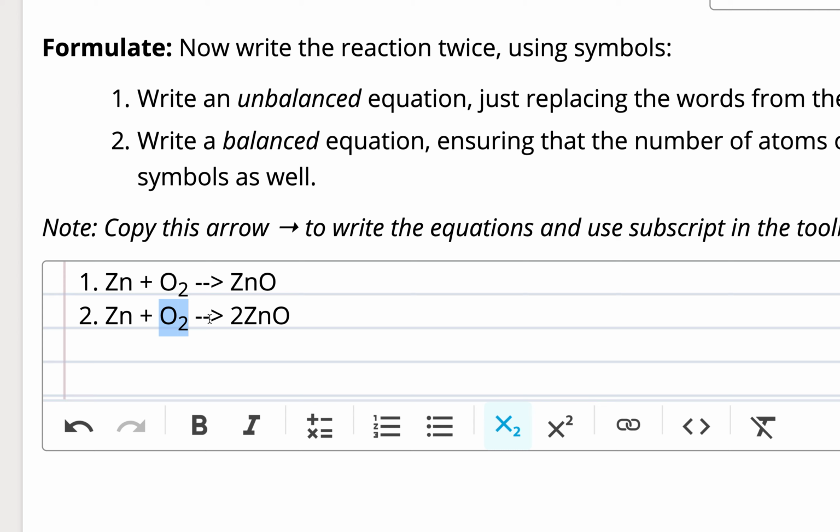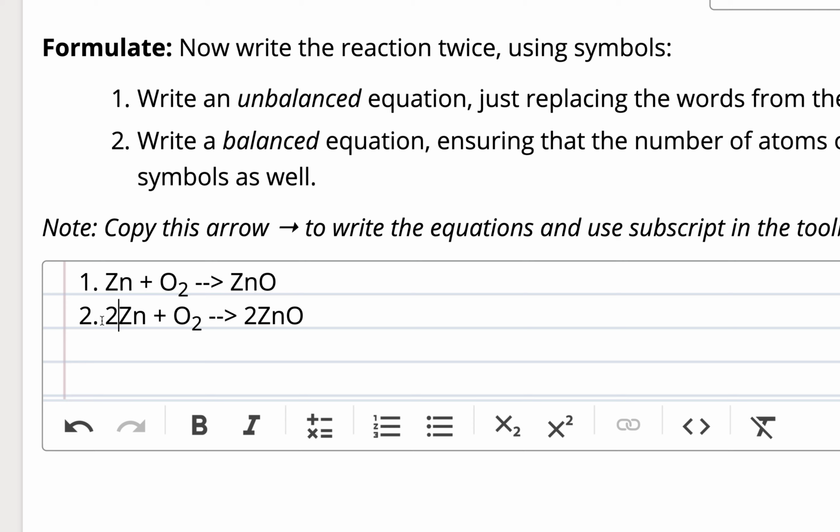Now we have to go back and take a look at the zinc. At the start, zinc was balanced with 1 on the left and 1 on the right. However, by adding the 2 now, on the right-hand side, we have 2 lots of zinc, whereas on the left, we only have 1 zinc atom. So to balance off our zinc, all we have to do is put a 2 at the front of this zinc.